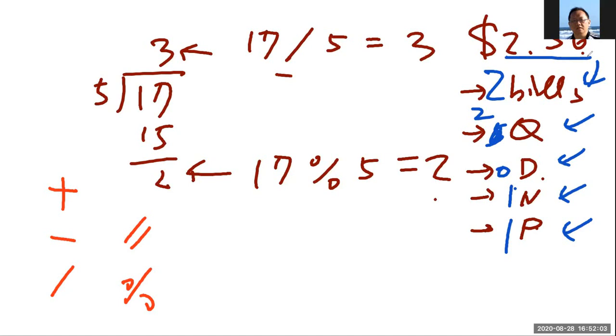And then you need to tell me how many $1 bills I will get, how many quarters, how many dimes, how many nickels, how many pennies I will get. The problem is that, right? Is that clear enough?